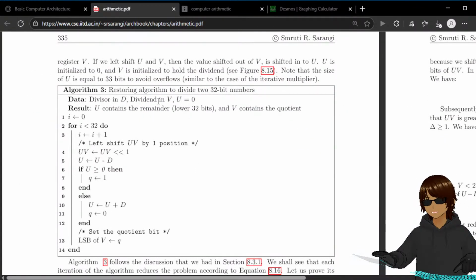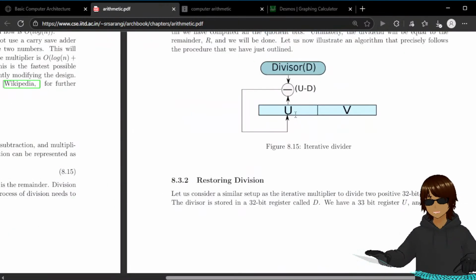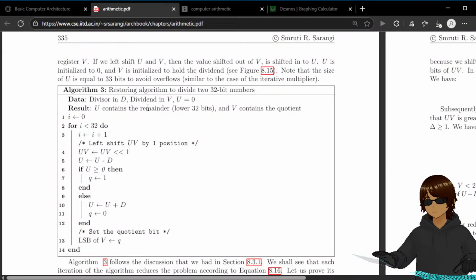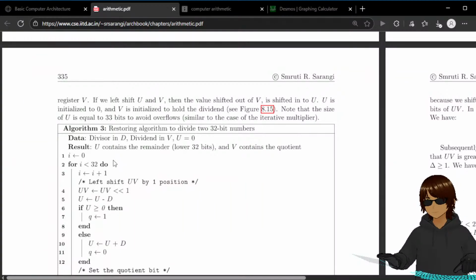So divisor in D, dividend in U and V, and U is equal to 0. Divisor in V. U contains the remainder, lower 32 bits, and V contains the quotient.